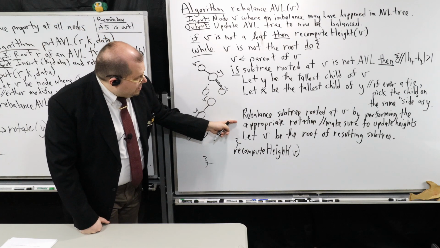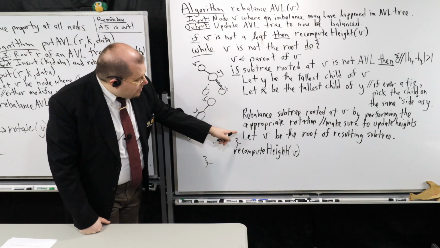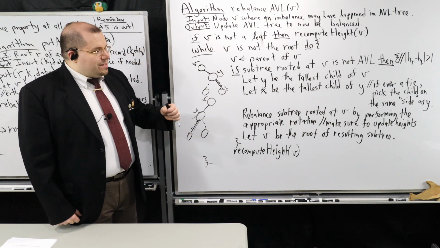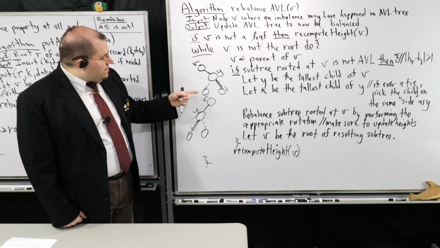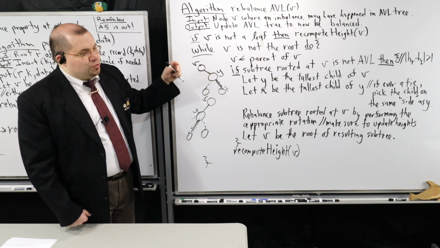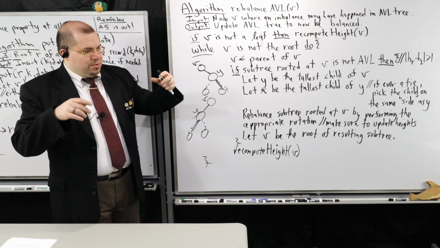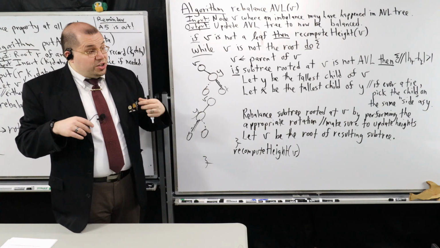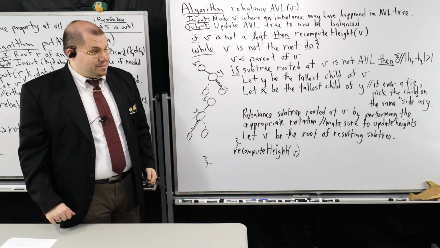So you apply the appropriate rotation, and then you let v be the root of the resulting subtree. So in this case, if I did a rotate operation, say for example, you notice I rotate on y, you know y is going to end up being the root of that subtree, right? Because I promote y and then I demote v, so you know that you're going to be returning y in this case.